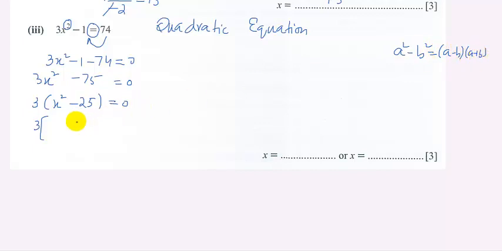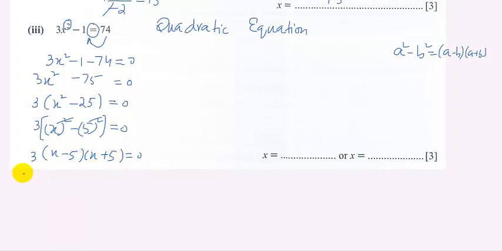Okay, so it is square of x, it is square of 5. So equal to 0. So it means square square cancel. It is x minus 5 times x plus 5 equal to 0.